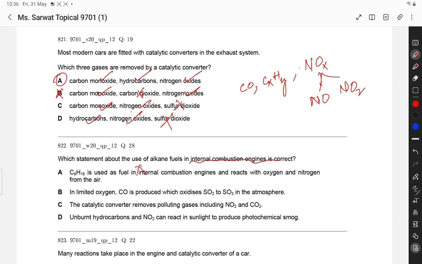In limited oxygen, carbon monoxide is produced, which oxidizes sulfur dioxide. Now this is incorrect. Catalytic converter removes pollutant gases. Nitrogen dioxide can be removed but carbon dioxide cannot. Unburnt hydrocarbons and nitrogen dioxide can react in sunlight to produce photochemical smog. Yes, this is the correct option.